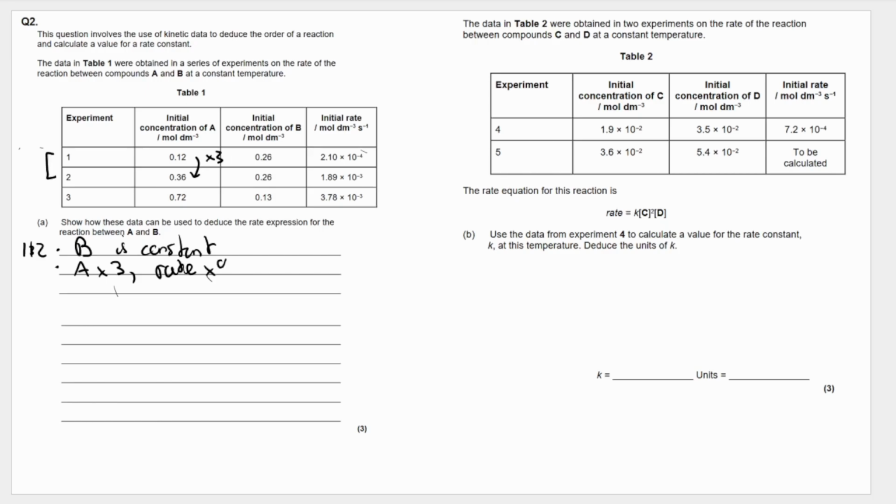Well, the rate has been times by 9, and therefore, we know that's 3 squared, therefore A is second order with respect to the reaction.